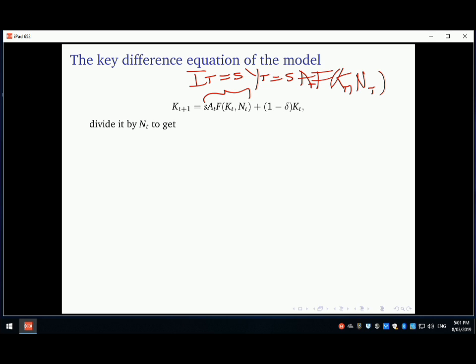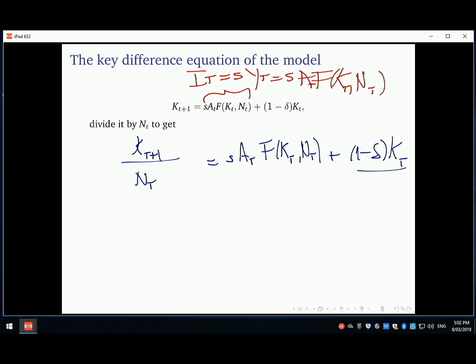So we have K_{t+1} divided by N_t equals s A_t F(K_t, N_t) plus (1 minus delta) K_t. And let's divide all the right-hand side also by N_t, right? So we are dividing the whole thing by N_t.